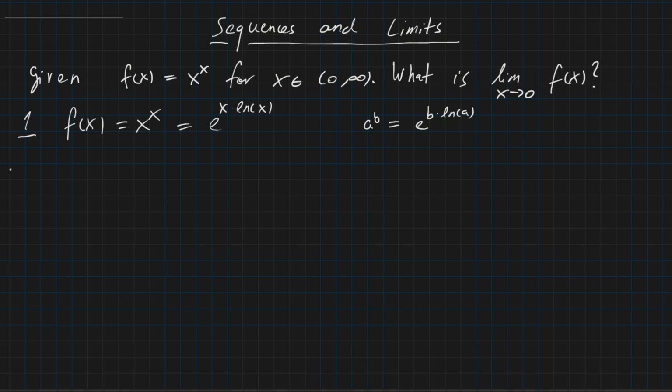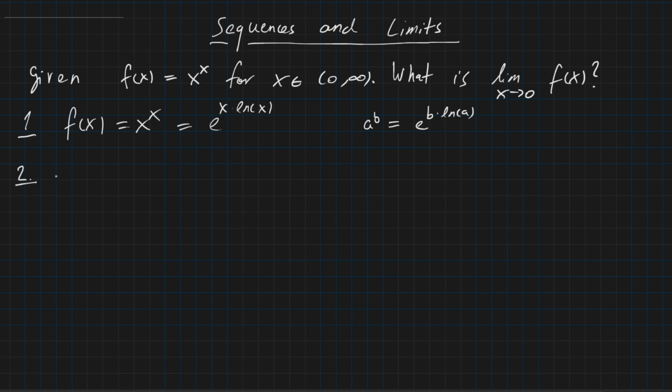The second observation is: for a continuous function, and the e function is a continuous function, so e to the power of x is a continuous function, we can always switch limit calculation and function operation.